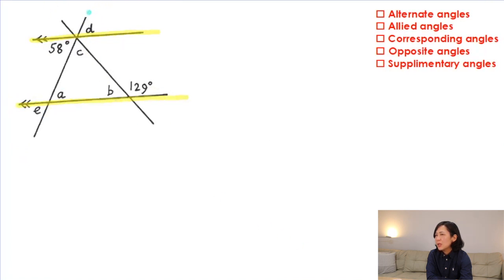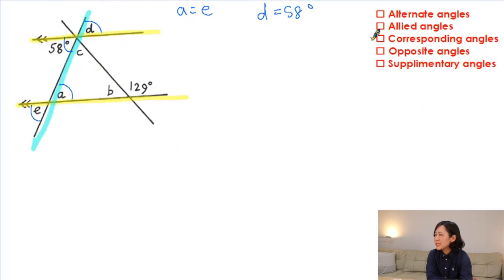Let's see what angles you can notice. I can see, easily we can find that E and A are the same because they are opposite angles. And we also know that D is equal to 58 because they are opposite angles. Then what else can you notice? Wow, it's quite tricky.